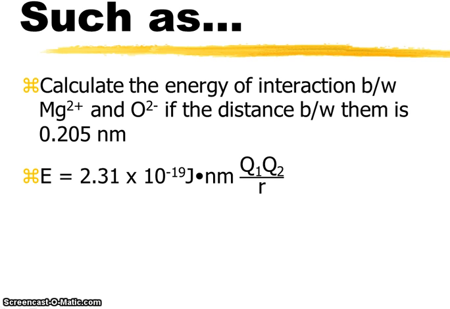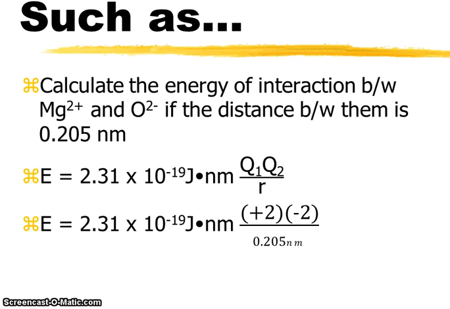And for R, we're going to plug in 0.205 nanometers. So +2 times -2 gives us a -4. We'll divide that by 0.205 and multiply it by our constant. The nanometers will cancel out, and we're going to be left with a negative 1.89 times 10 to the minus 19 joules.